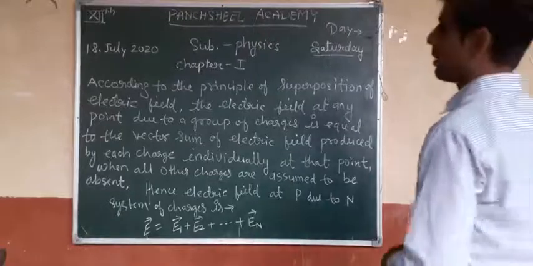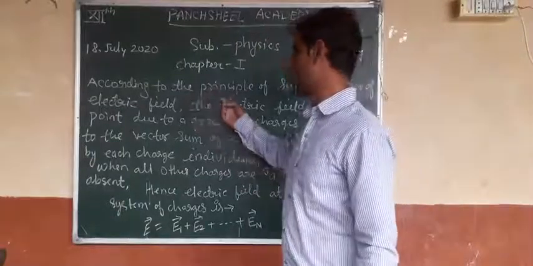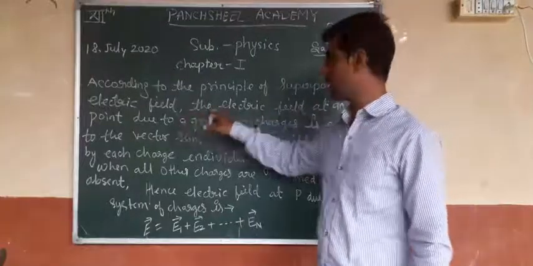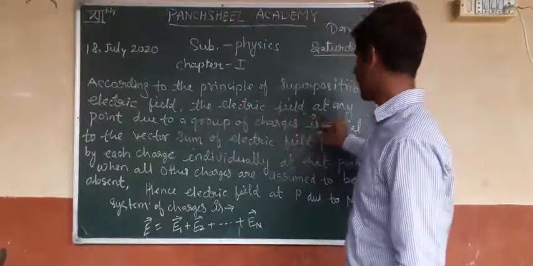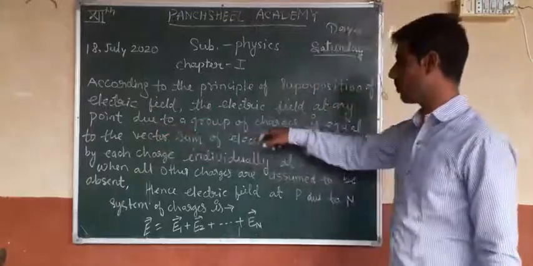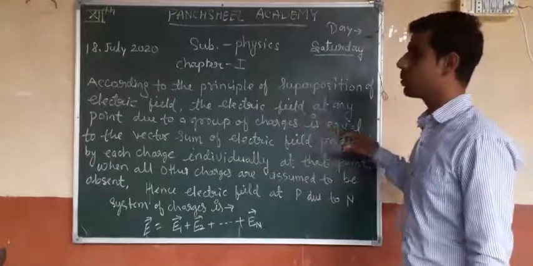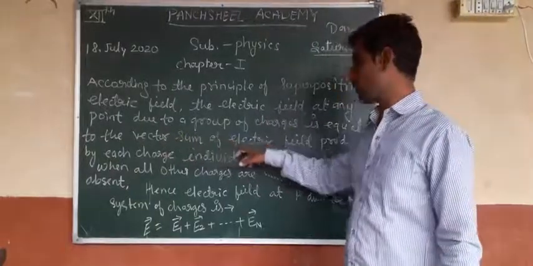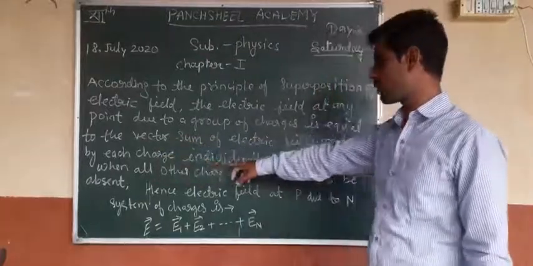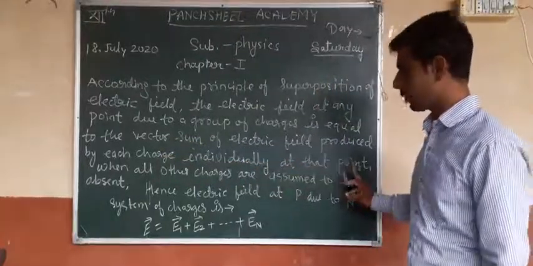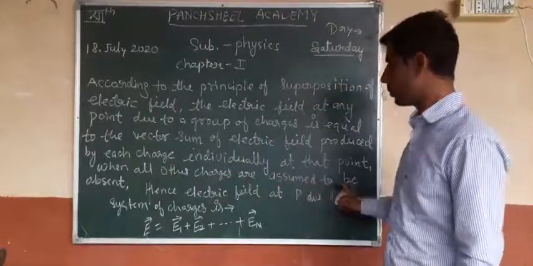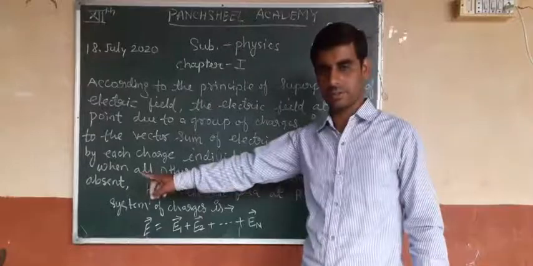So according to the principle of superposition of electric field, the electric field at any point due to a group of charges is equal to the vector sum of electric field produced by each charge individually at that point when all other charges are assumed to be absent.